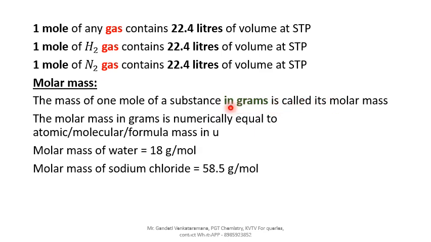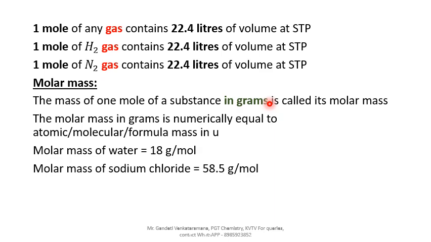This is the difference. So in the case of molecular mass, what did we mention? We mentioned unified mass, the U symbol. We didn't mention grams. So the mass of 1 mole of a substance, if you take that mass in terms of grams, then it is called molar mass.